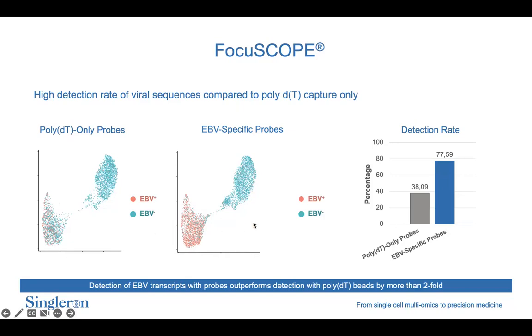Whereas if you use a dedicated FocusScope kit, which enables you to enrich for the viral transcripts at the very beginning, you can see that the number of cells positive for the viral sequences is much higher. So we can see that this detection rate goes up more than twofold. And this is the advantage of the FocusScope with dedicated probes to capture or enrich the genes of your choice.